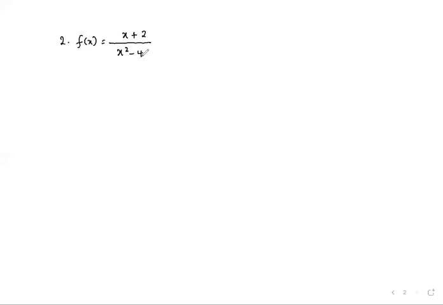So, step 1, vertical asymptote: x squared minus 4 equal to 0. So we get x squared is equal to 4, with square root.